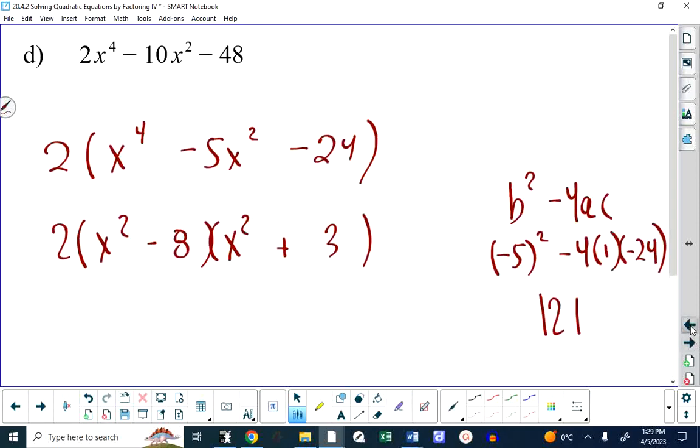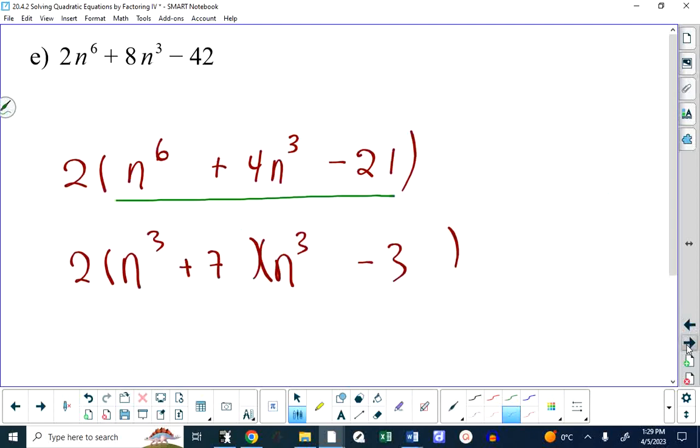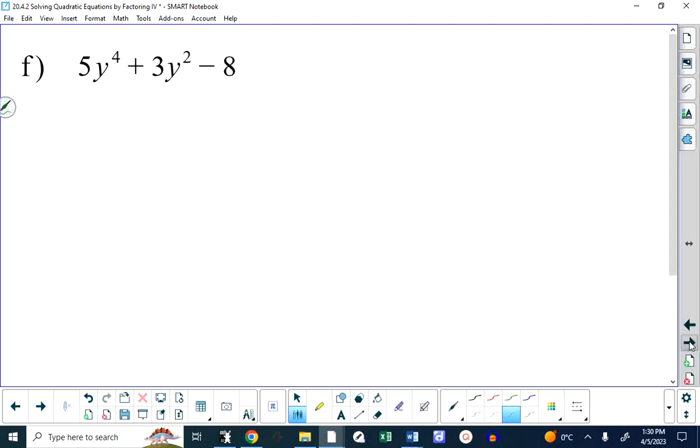Before we do the next one, I want you to notice that for this one, the coefficient of the quadratic term was 1. So that was before spring break kind of thinking. Can we factor that 5 out?